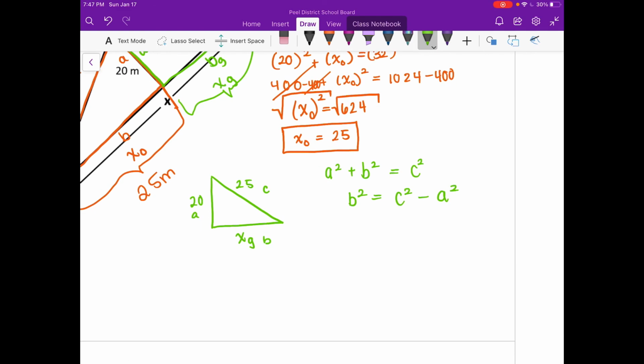So my b squared, I don't know what that is, so I'm going to write that in as x green squared equals, my c squared is 25 squared, minus a, which was 20 squared. 25 squared is just 25 times 25, which we already know was 624, but you can just put that into your calculator. 25, sorry.